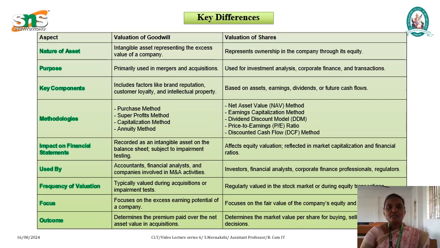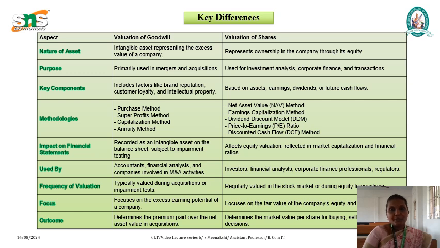The next thing is the differences between the valuation of goodwill and the valuation of shares on the basis of different factors. The first one is nature of asset. Goodwill is an intangible asset representing the excess value of the company.